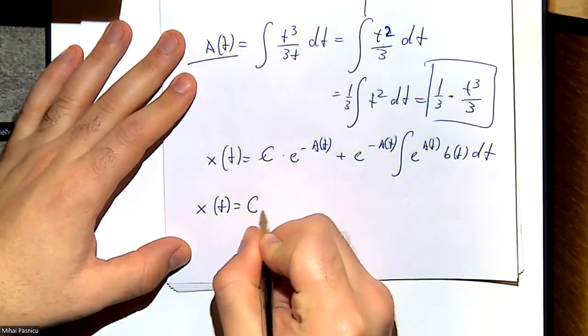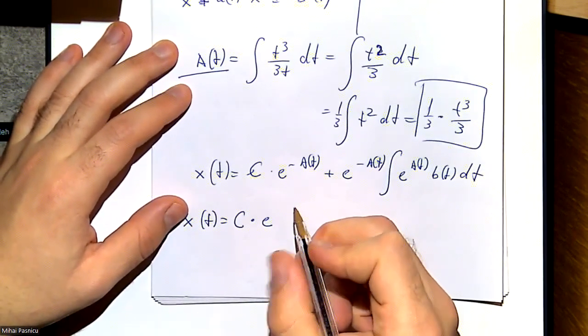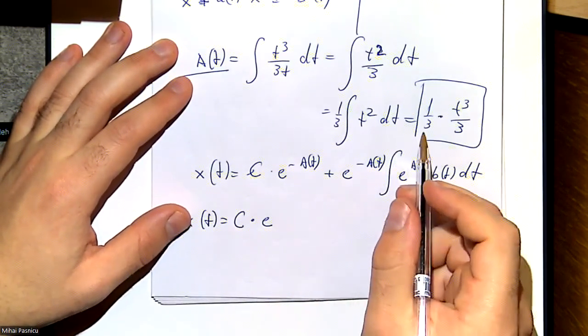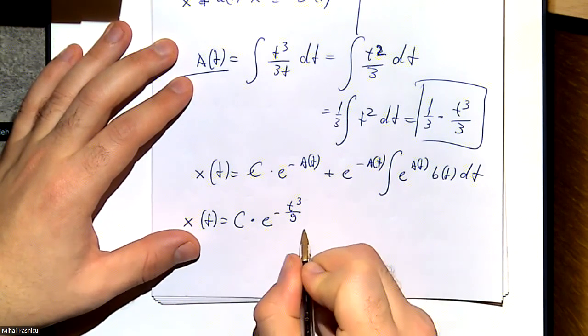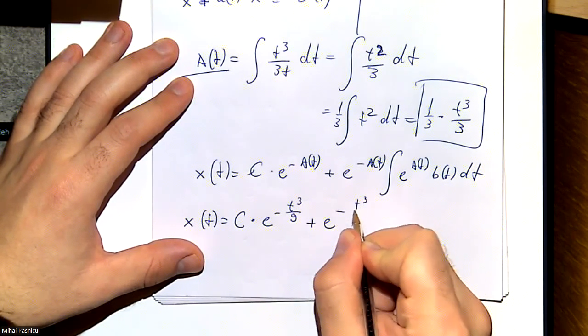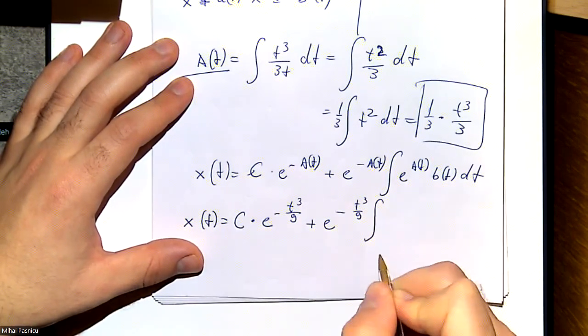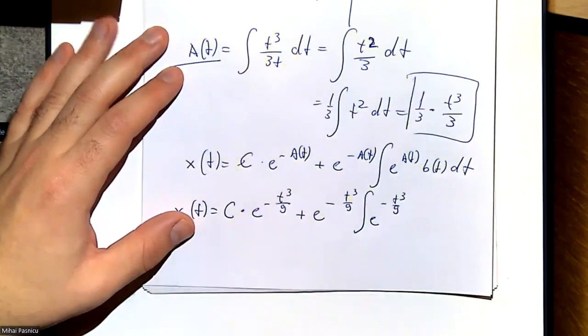So we have x(t) is equal to c times e to what is a(t)? a(t) is t^3 over 9. So minus t^3 over 9 plus e^(-t^3/9) times the integral of e^(t^3/9).